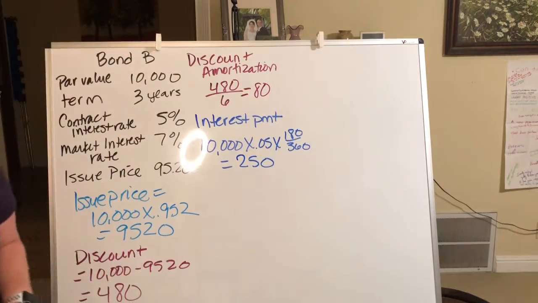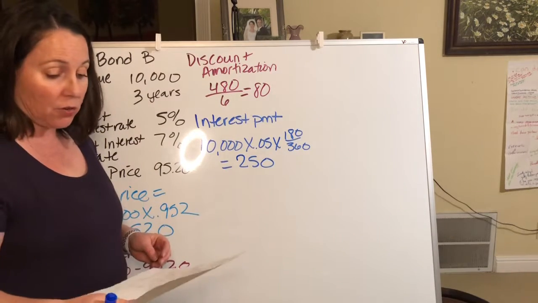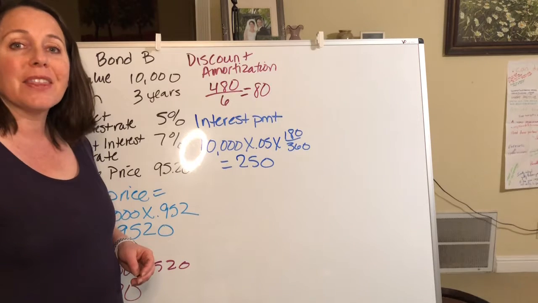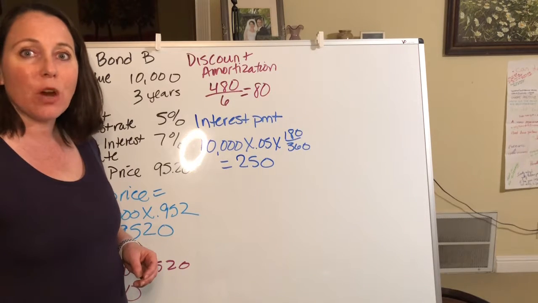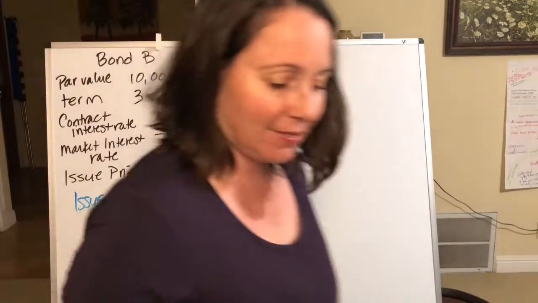Every 6 months, we are going to pay $250 in interest payment. Okay, I think we have all of the numbers we need to start with our journal entries. Let me clean the board and we'll come right back and do that.